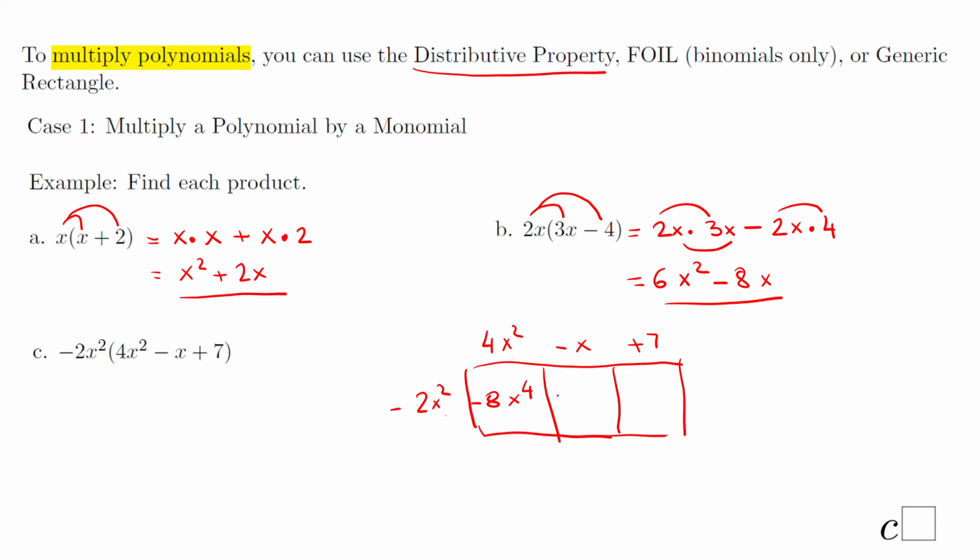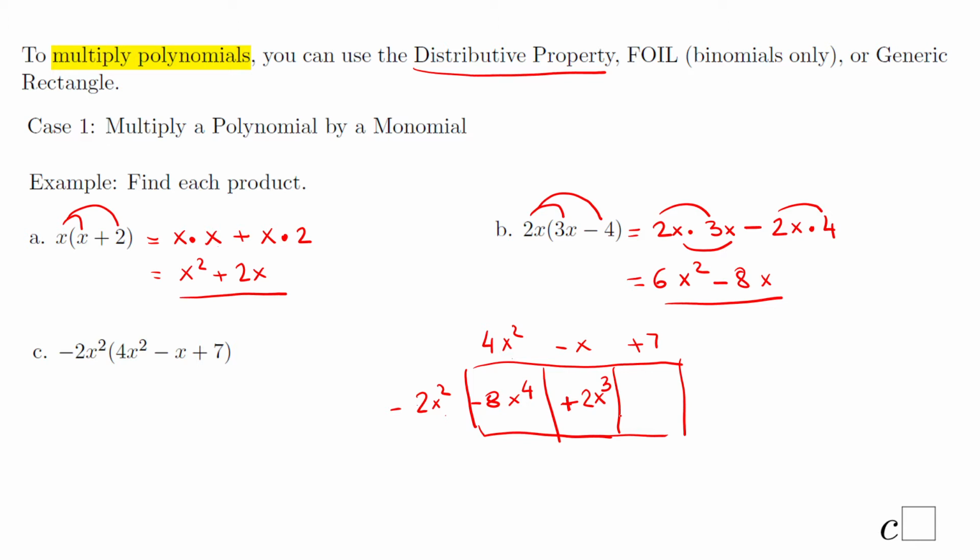Let's move to the second box right here. Here we're going to have the result of multiplying negative 2x squared and minus x. Negative and negative becomes positive, and then we have just the 2, and x squared times x is x cubed. And in the last box we're going to have the result of multiplying negative 2x squared and positive 7.